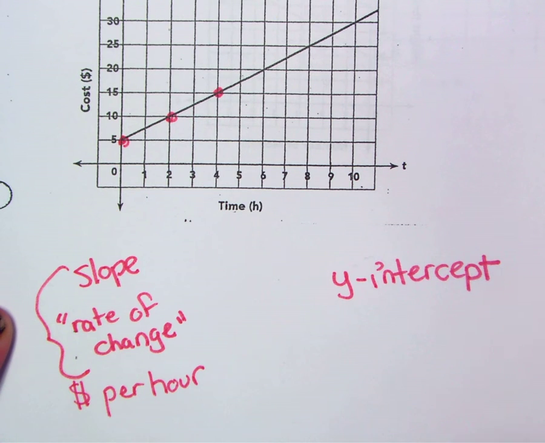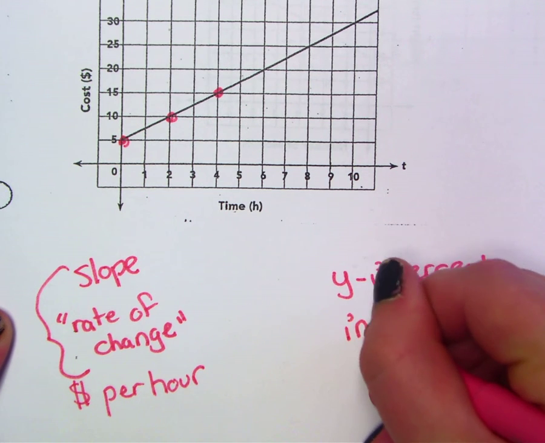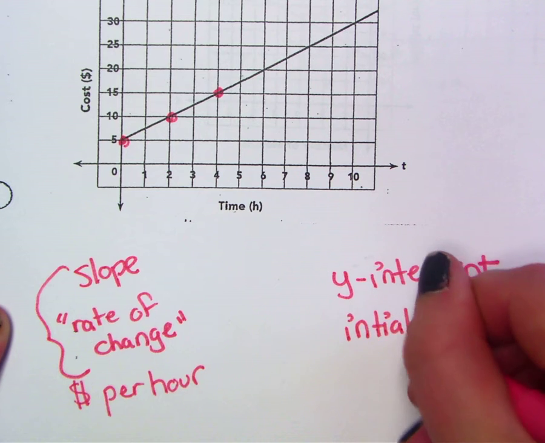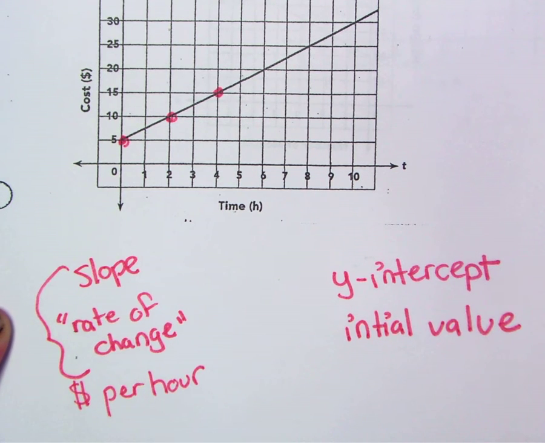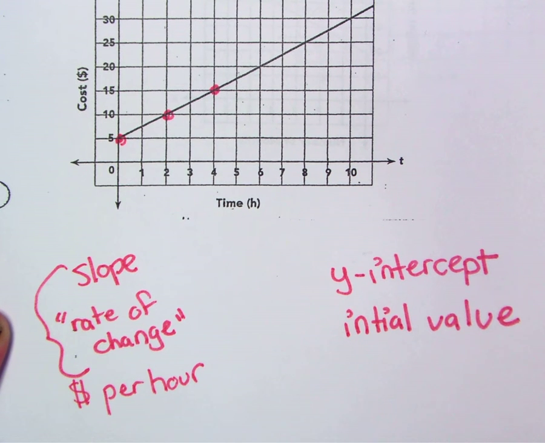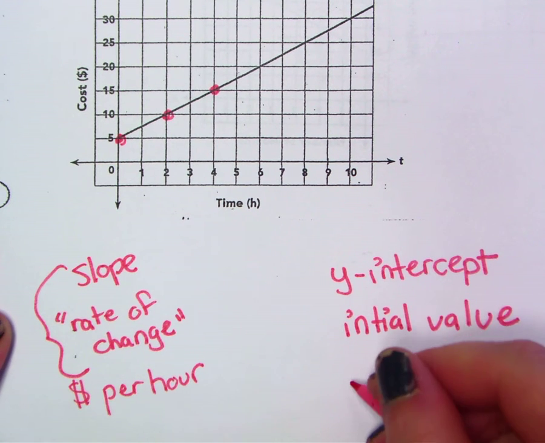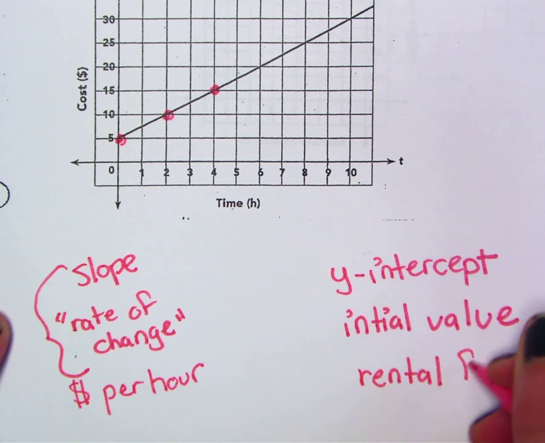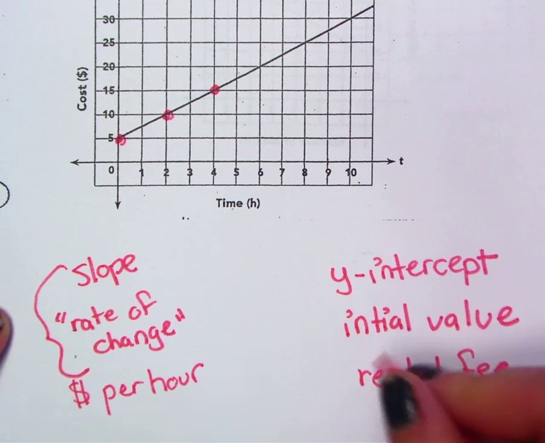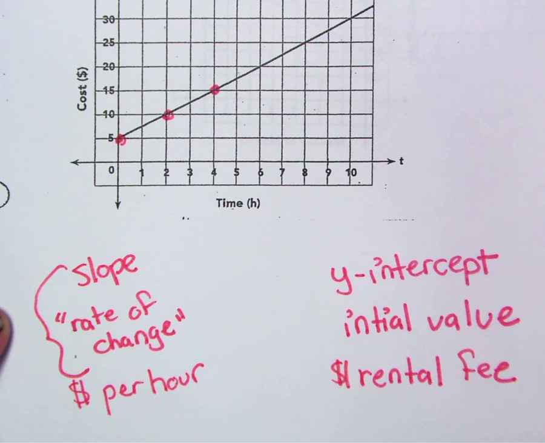Your y-intercept is our initial value. So in this problem, I want you to figure out how much the initial cost was, or the rental fee. So take a minute, pause the video, and see if you can figure those things out.